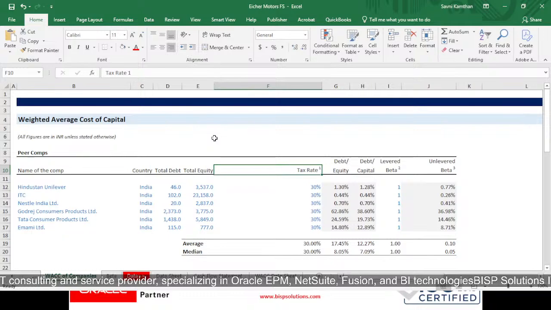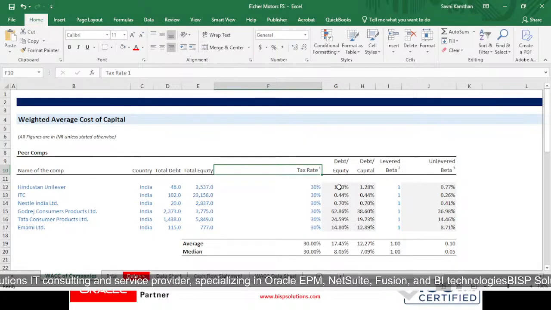For example, Hindustan Unilever has almost no debt, so its capital is mostly safe equity. That's why its debt upon equity ratio is 0.013. Okay, so meaning they can borrow just 1 rupee for every 100 they own, right? We also see their beta is 1, which means the company's stock moves equally with the market.